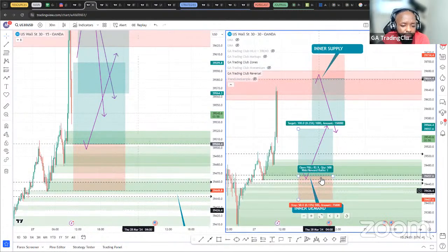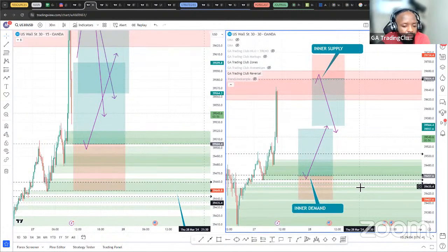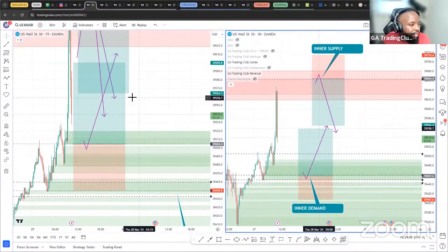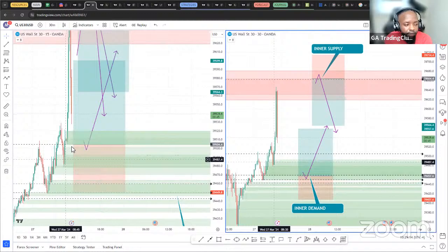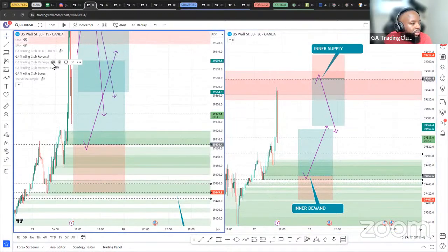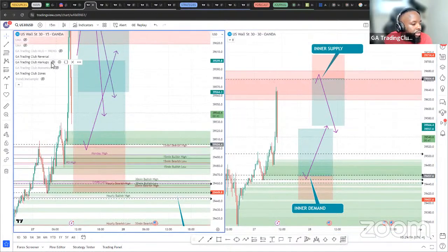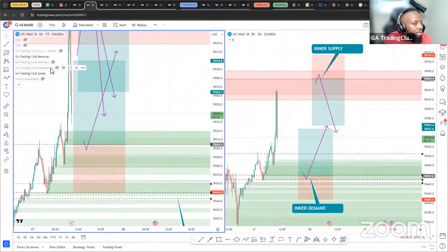On the 30-minute time frame, it remains at 39,457. The 30-minute one looks more efficient or more optimal than the 15-minute, but I'm liking this 15-minute buy entry on US30 as well.